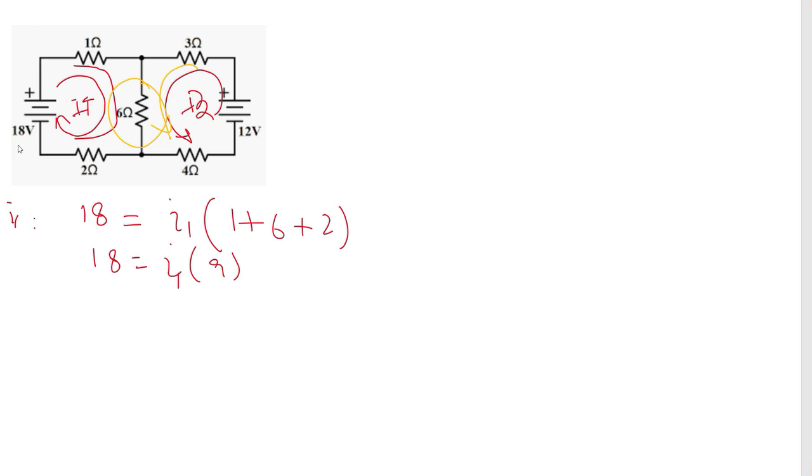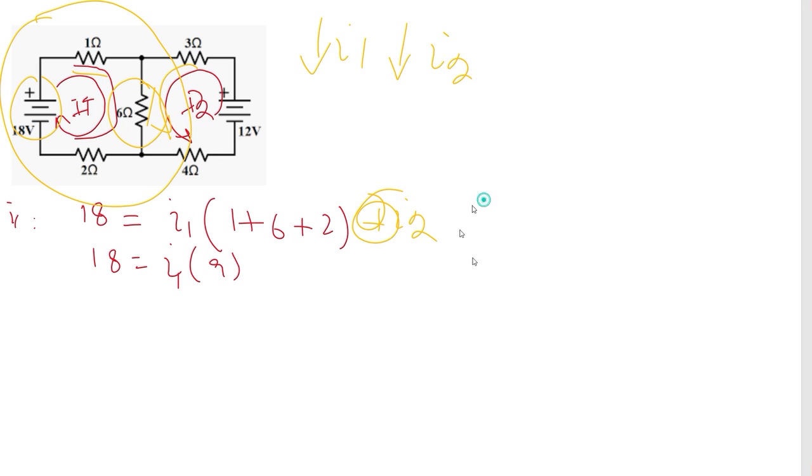So this loop is having rises due to this source and drops due to I1 as well as I2. So we can say plus I2. Why plus I2? Because I1 direction and I2 direction are the same. So plus I2 into how much resistance it is flowing through? 6. So plus I2 into 6. So this is our loop 1's equation.